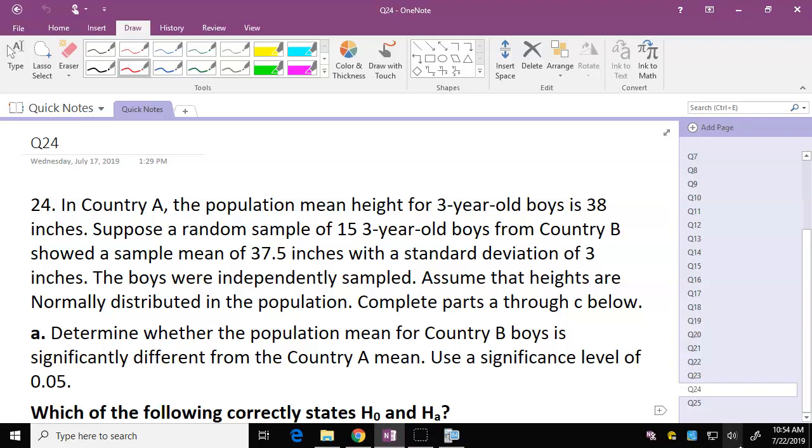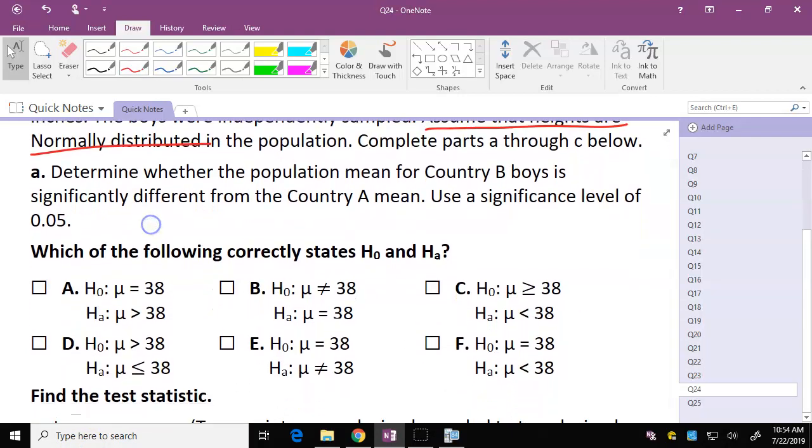Suppose a random sample of 15 3-year-old boys from country B showed a sample mean of 37.5 inches with a standard deviation of 3 inches. The boys were independently sampled. Assume the heights are normally distributed. That's important for us. So we know CLT is met automatically. And then parts A and C below.